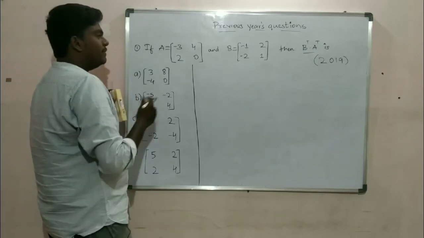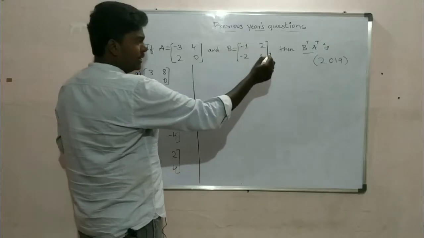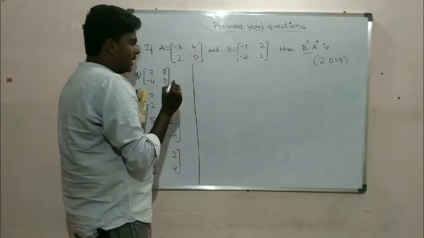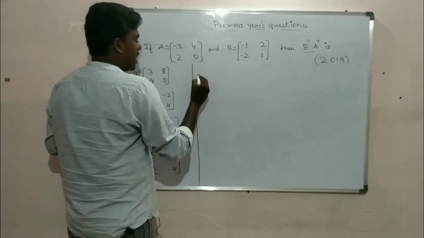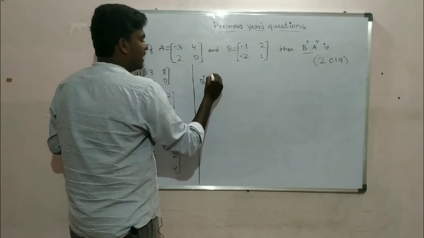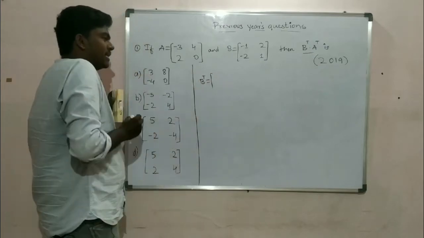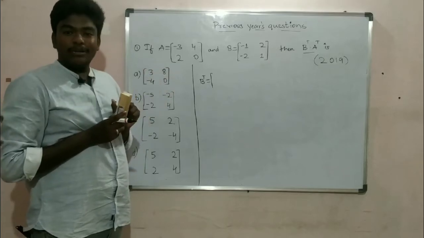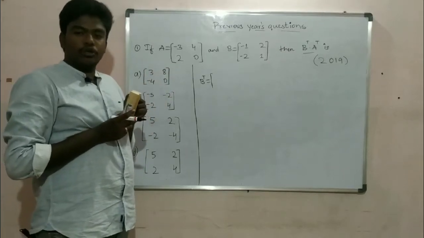We first have to find B transpose and A transpose separately. So I will write down B transpose. As I said, the transpose of a matrix is nothing but rows changed into columns and columns changed into rows.